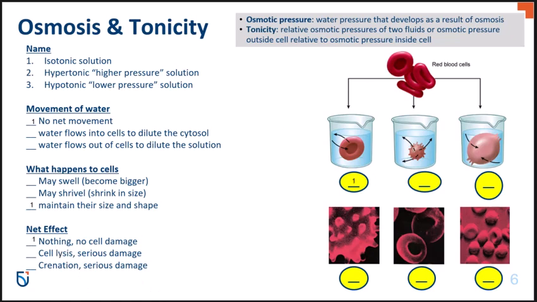Now let's look at another example where we have a hypertonic solution. Hyper is going to refer to meaning that there's a lot of something, and tonic means tone or tonicity. And so this means there's going to be high amounts of tone or tonicity.